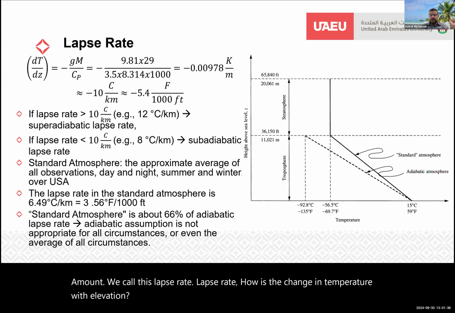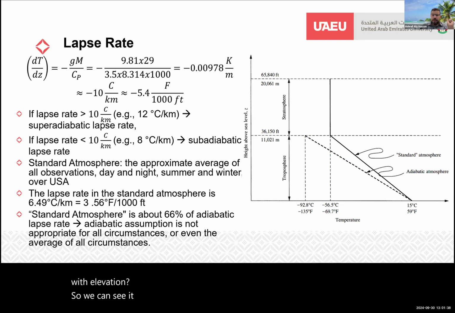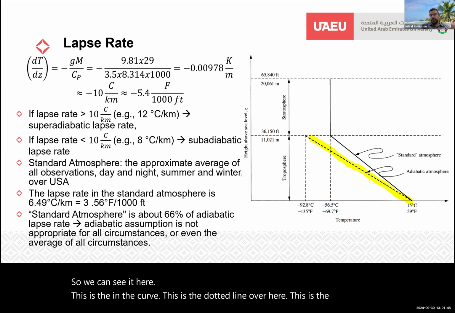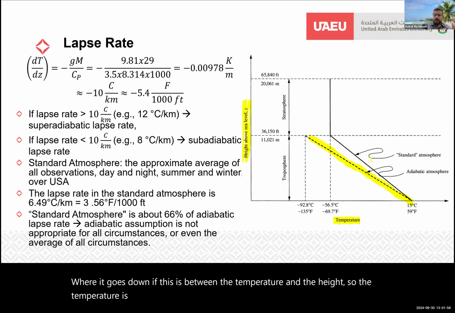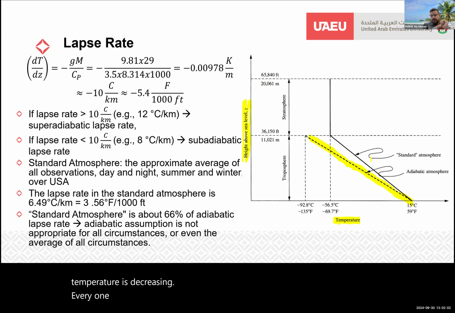So we can see it here. This is the dotted line over here. This is the adiabatic atmosphere, where the temperature goes down with height. The temperature is decreasing every 1 kilometer by 10 degrees.